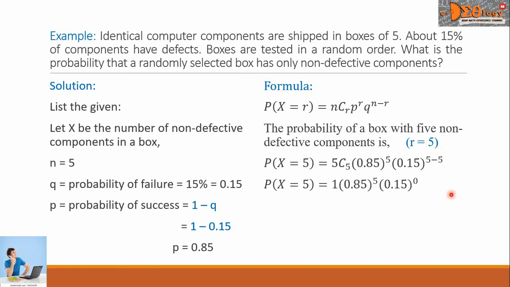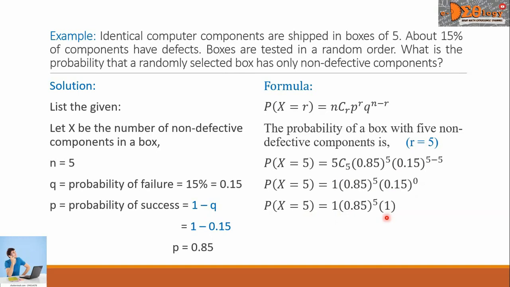Simplifying further, we have 5 combination 5 equals 1. We keep the 0.85 raised to 5 the same, and the power 5 minus 5 here is 0. We can simplify further because 0.15 is raised to 0, so we can make this also as 1.